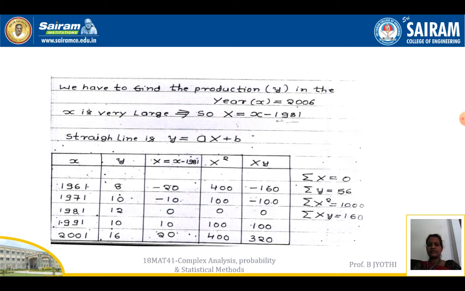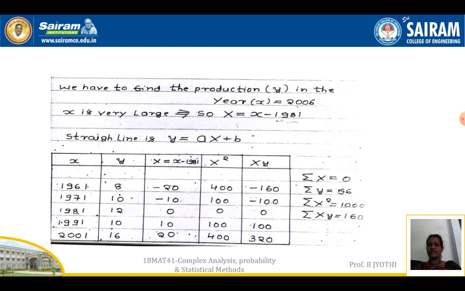As I said, x is very large, so capital X is x minus 1981. So capital X has to be computed by subtracting 1981 from each of the years. Then the straight line will be y equals a capital X plus b.